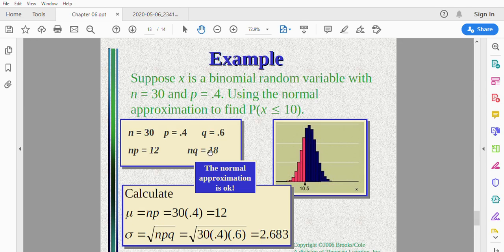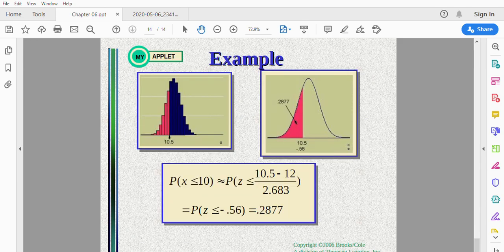We have to find the mean and also the standard deviation. But before that, we have to see whether the normal approximation can be done or not. So we find np and nq. Since they are greater than 5, we can continue with the normal distribution calculation. The mean will be np, and the sigma, the standard deviation, we will get as 2.683. We want to find the probability of x less than or equal to 10.